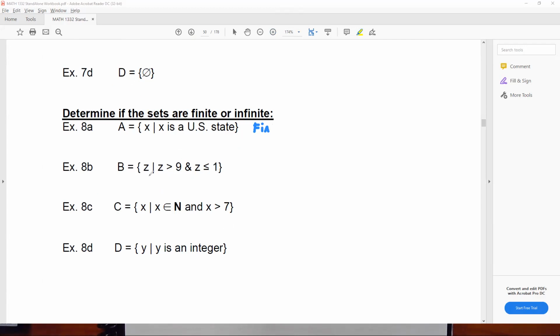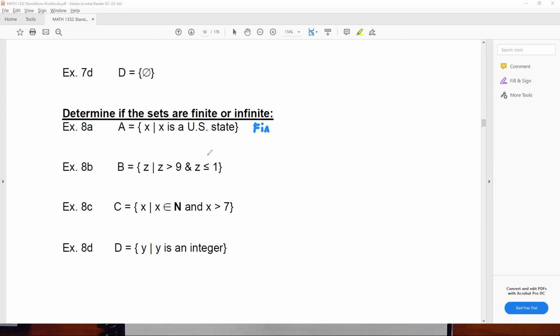And then this guy, does this go forever? Z such that Z is bigger than 9 and Z is less than 1. Bigger than 9, less than 1. It has to be both at the same time, though. It's and. Can that happen?